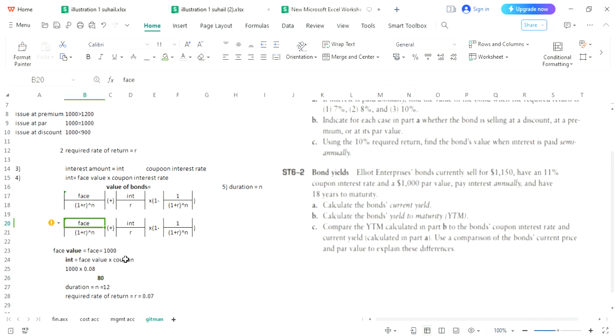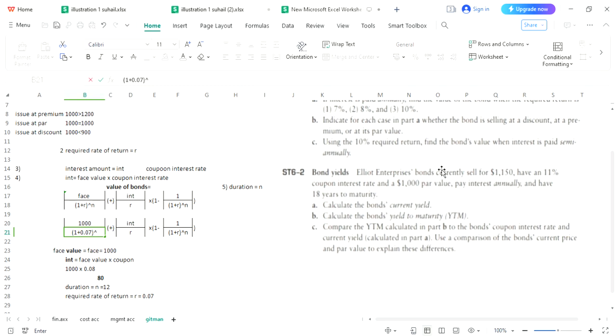This is 1000. So put 1000 over here. Now next is bracket start 1, then plus, and R required rate of return here you can see is 0.07. Put 0.07 over here. Close your bracket. Put raised to power. Raised to power is n, number of years, and number of years is 12, you can see over here.